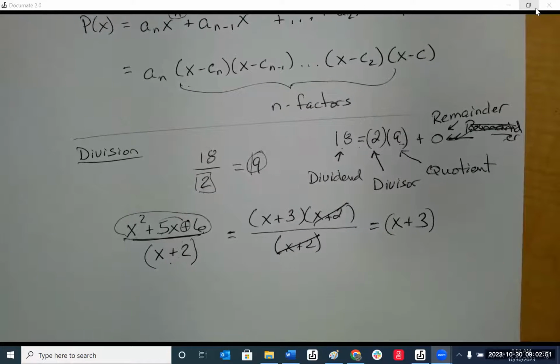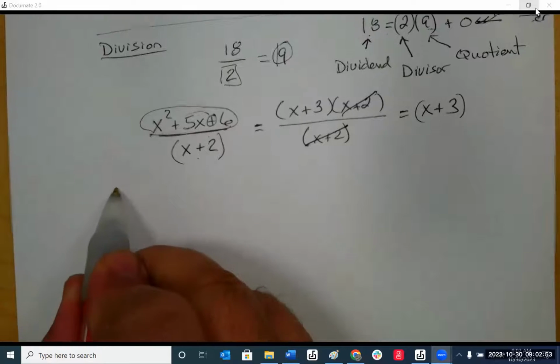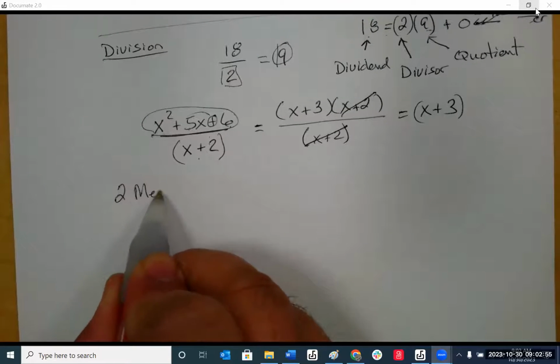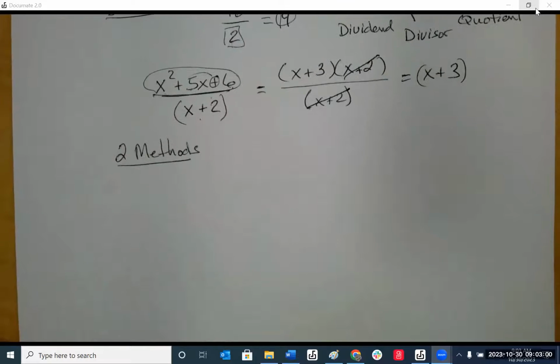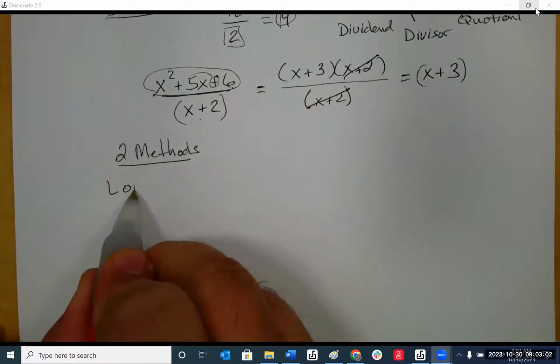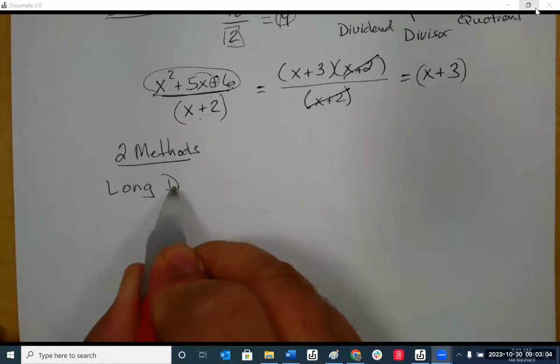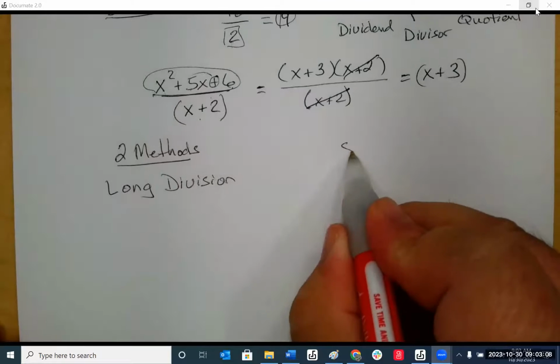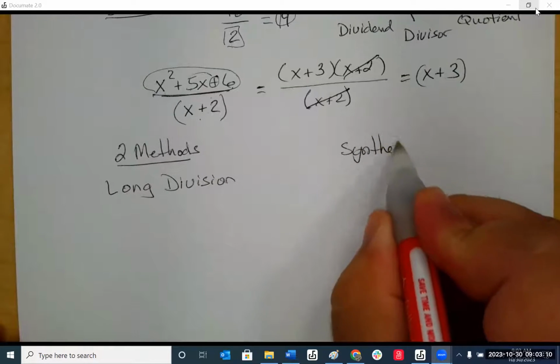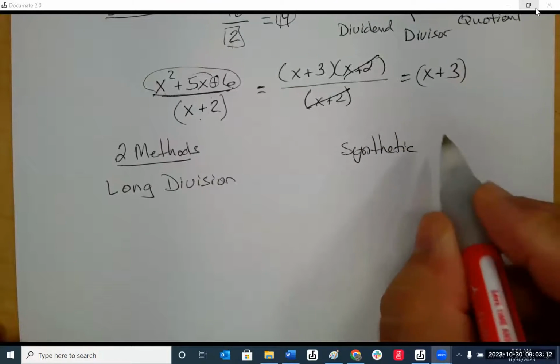How do we find that now? We have 2 methods. Long division and synthetic division.